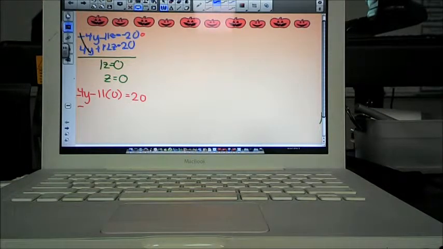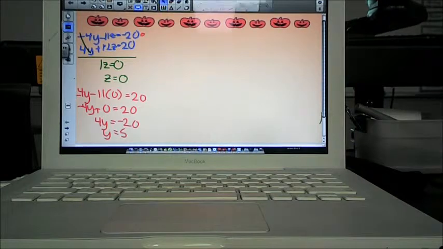So then it becomes negative 4y minus 0 equals negative 20, so you just minus 0. Then it would come out to 4y equals 20, which would then be y equals 5.